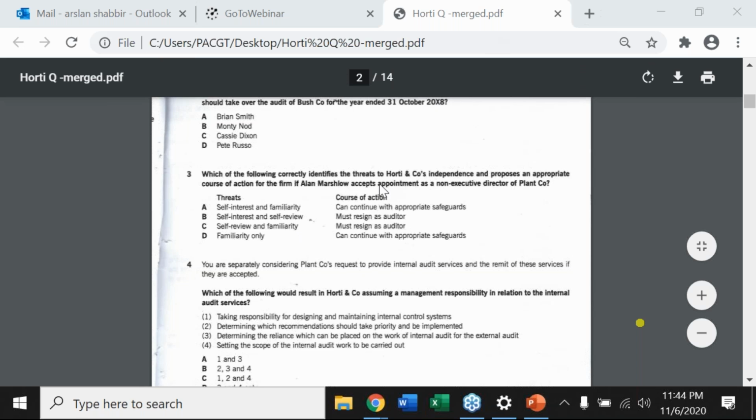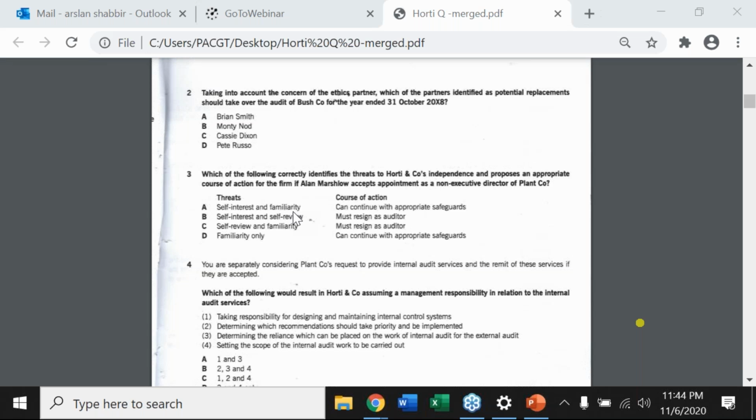So, Alan Marshall accepts appointment as a non-executive director in a client. Do you think self-interest and familiarity? Do you feel any familiarity threat exists?